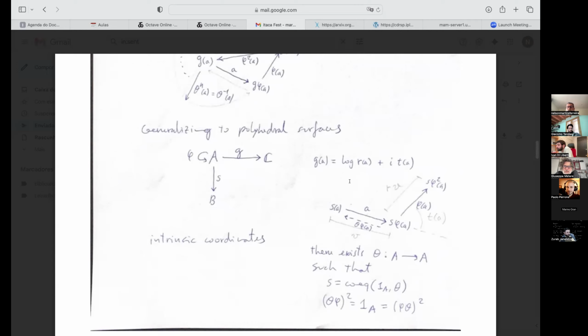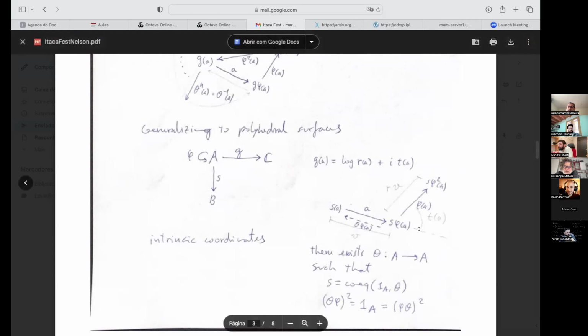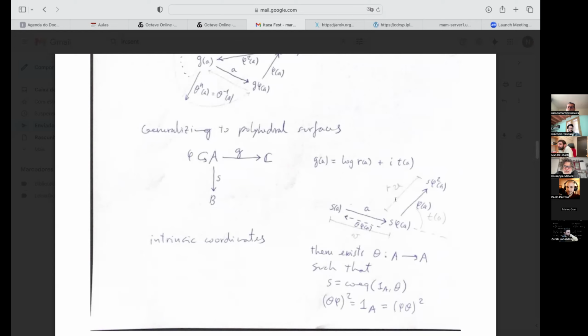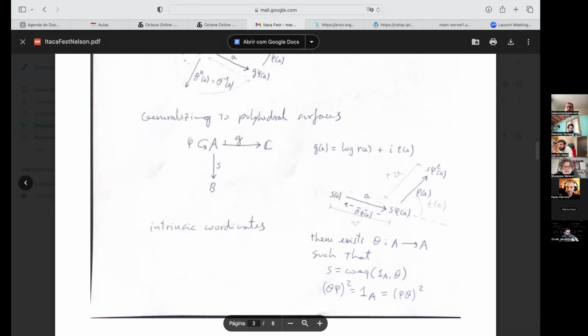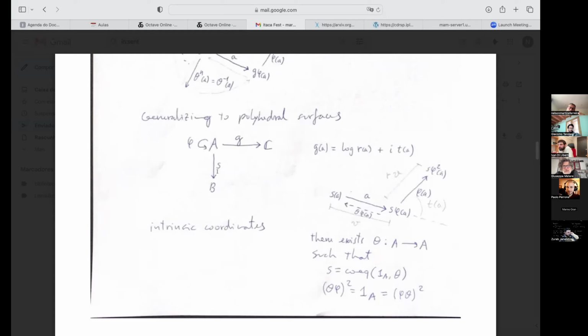And then instead of working in R3, we just use complex numbers to use intrinsic coordinates. So it just encodes how much an edge turns with respect to the previous one, and how much it expands or contracts with respect to the length of the previous edge. And now the property is that there should exist theta such that these conditions hold, and in that case, this is a triangulation, or more generally, a polyhedral surface.